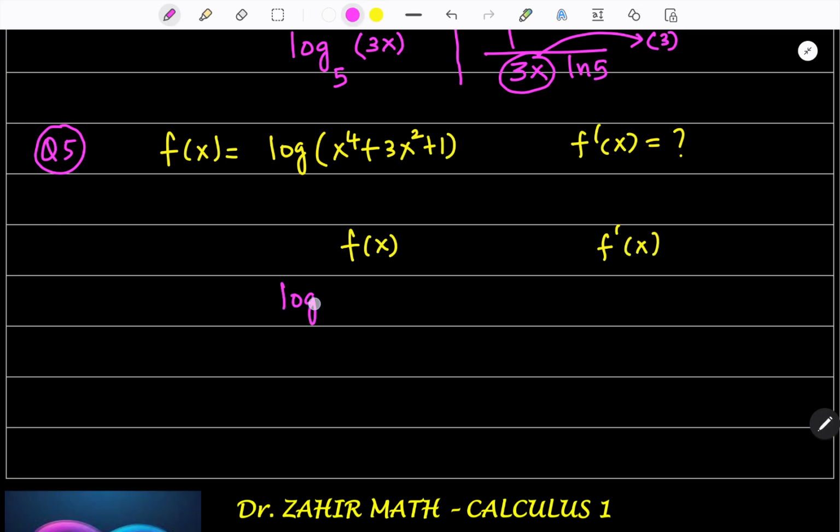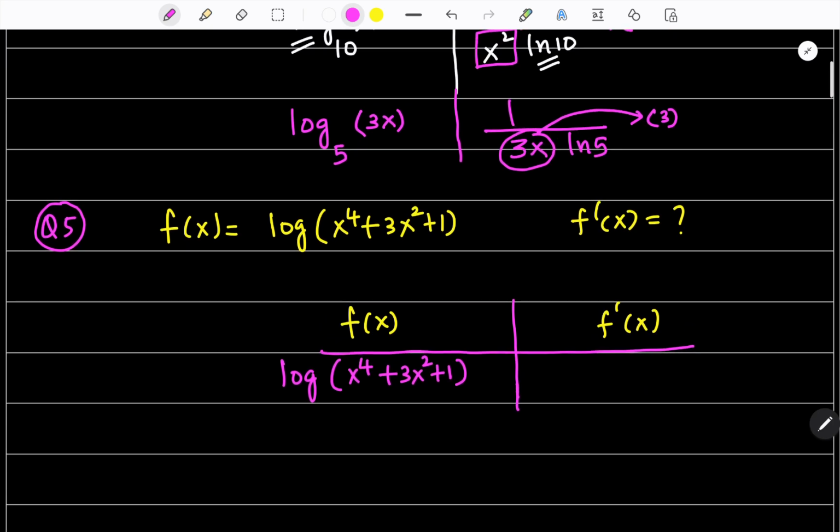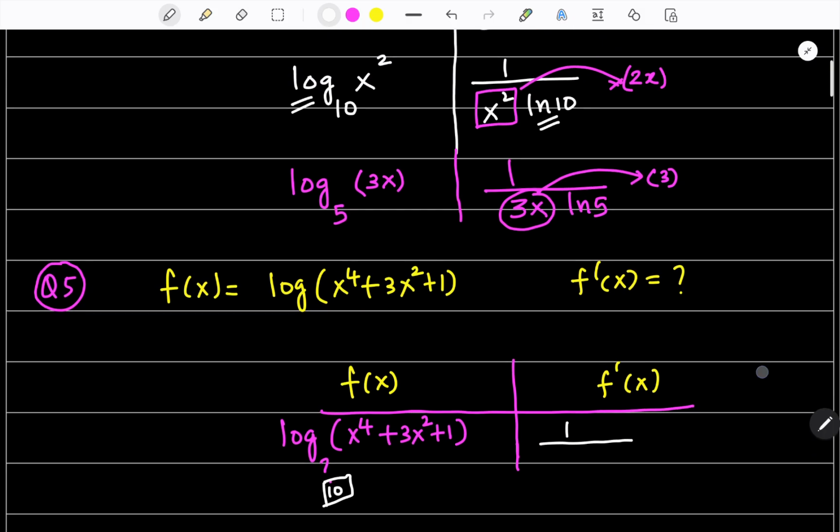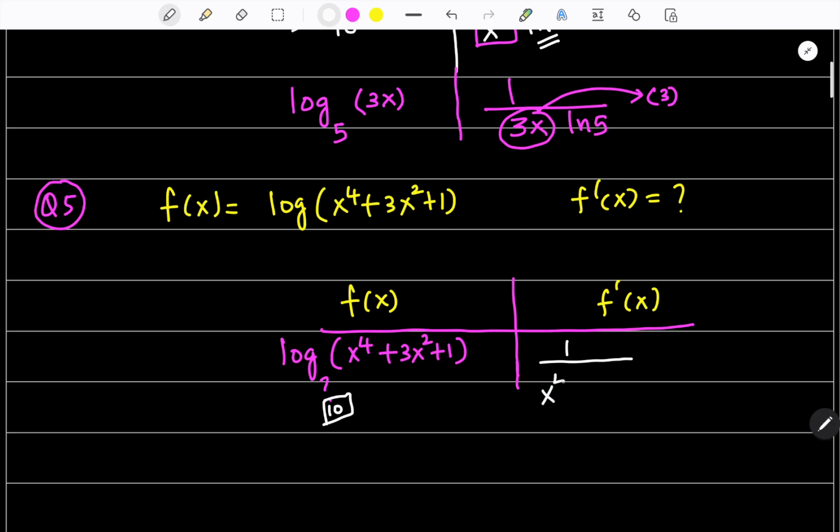Your f of x is log of x power 4 plus 3x square plus 1. So what is going to be your answer? Listen carefully. Just see here. Log, base is not there. If the base is not there, it should be 10. So the same thing, we should write 1 divided by x power 4 plus 3x square plus 1, close it by the bracket.